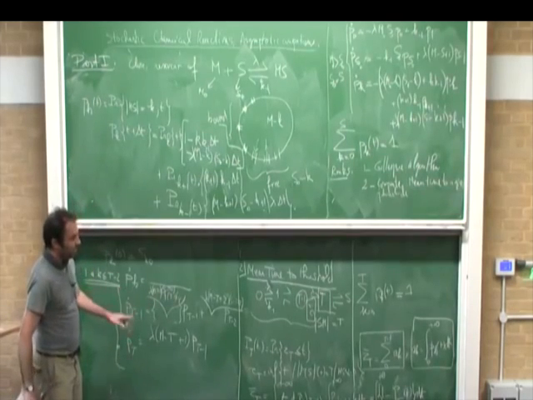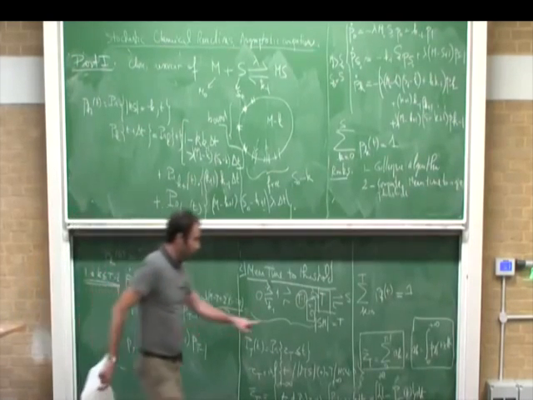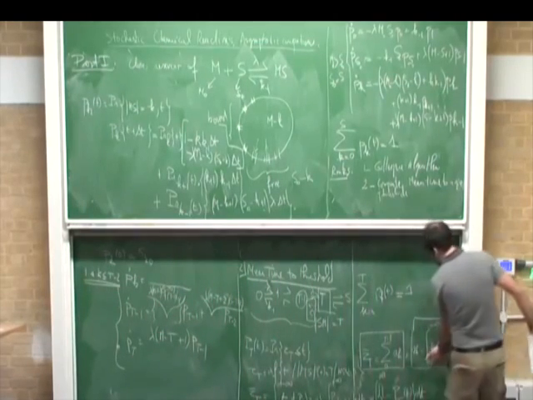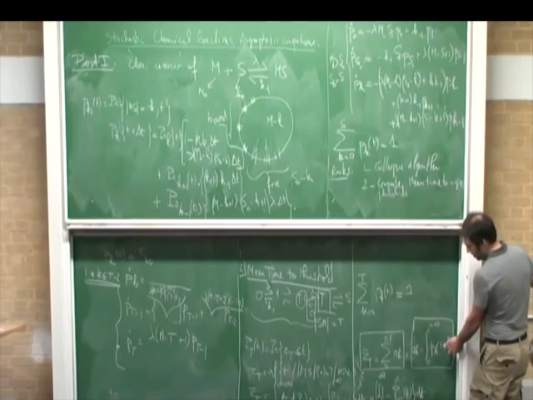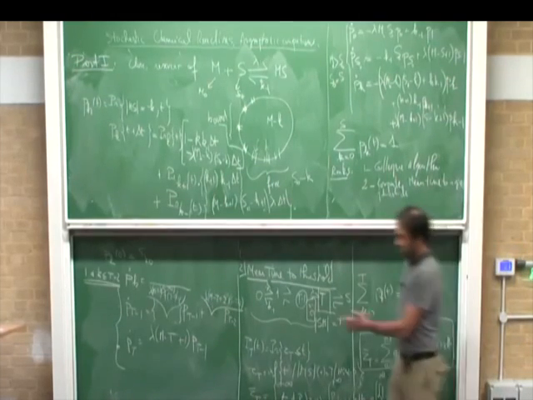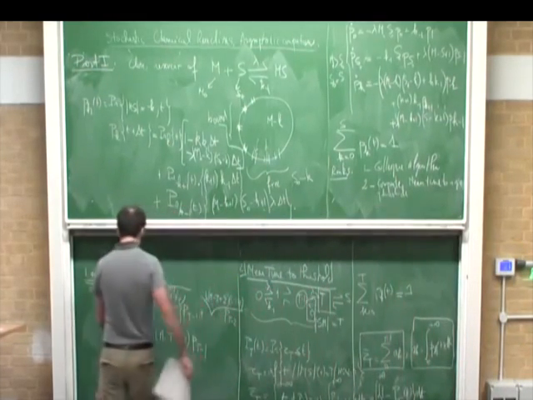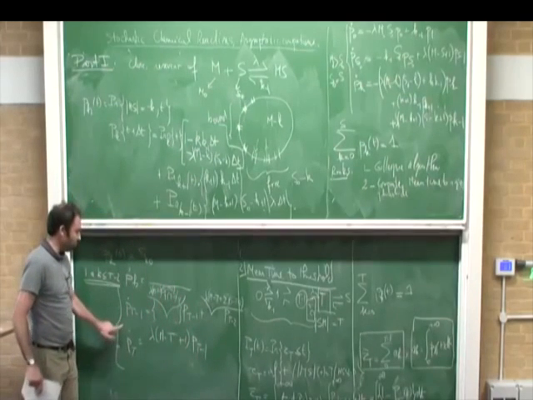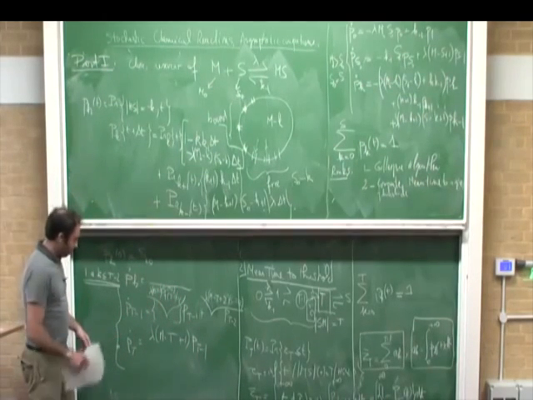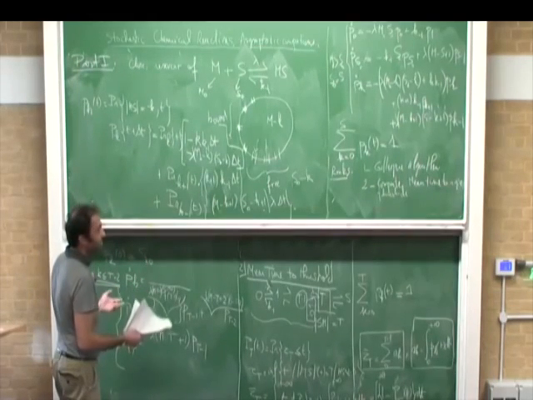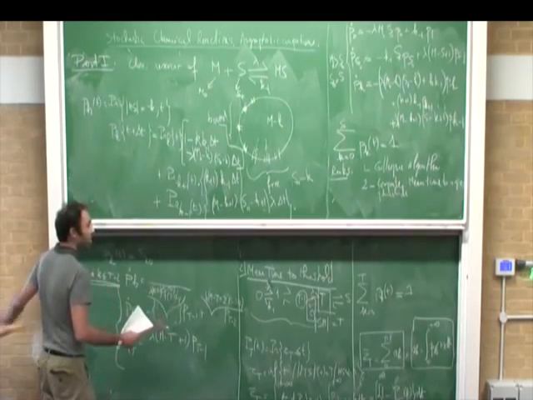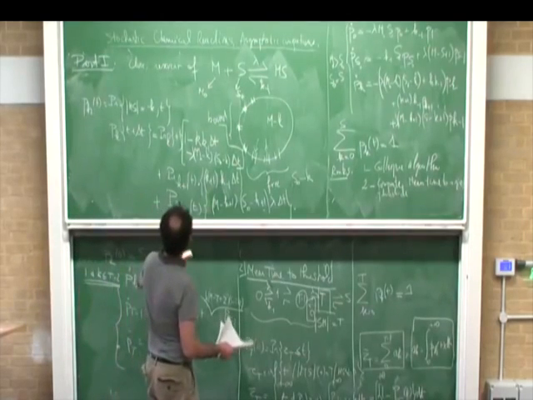If we want to calculate the mean first passage time, we have to calculate the integral of them: the integral from 0 to infinity of pk of t dt. Which means this is not that difficult. We just have to integrate this from 0 to infinity. So let's integrate everything from 0 to infinity, and then derive the set of equations that we need.